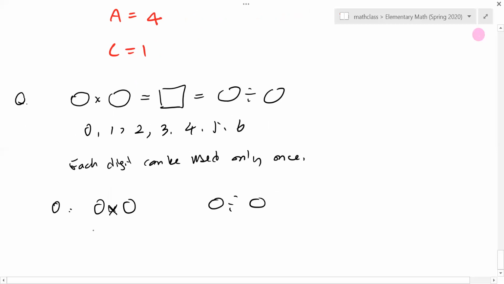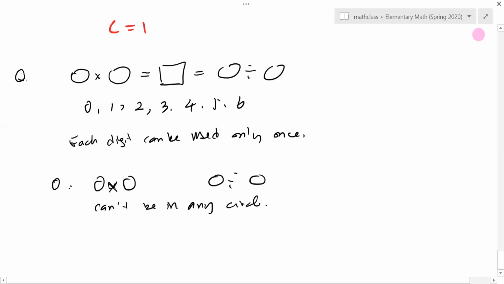Okay, 0 cannot be in any circles here. The reason is that 0 times any number is going to be 0. Then in the square, there's a 0 there, right? So 0 will be used twice. Also, a number cannot be divided by 0.